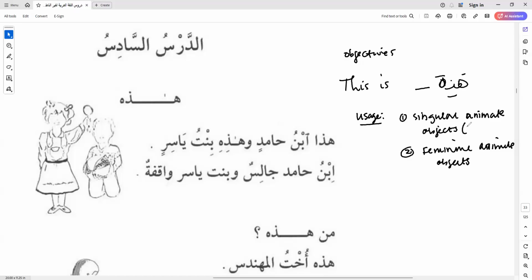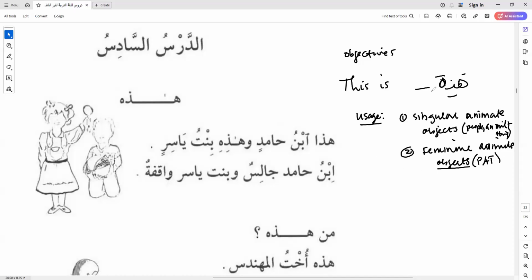And by objects, we're talking about people, animals, and things. So we use it for people, animals, and things. And by feminine objects, we mean the same: people, animals, and things.